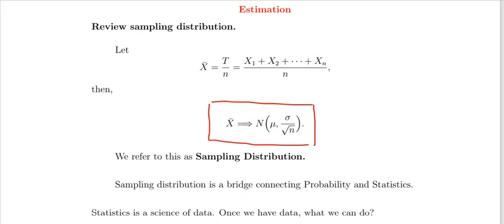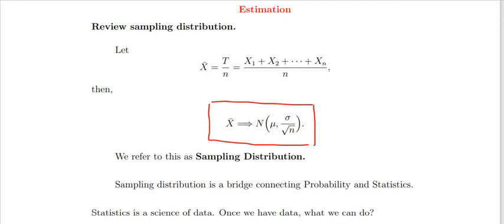Here, we assume we know mu and sigma, that is, we know the population's information. Then we can find the information for the sample.